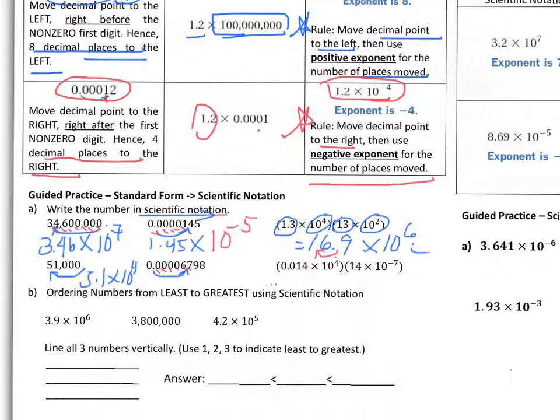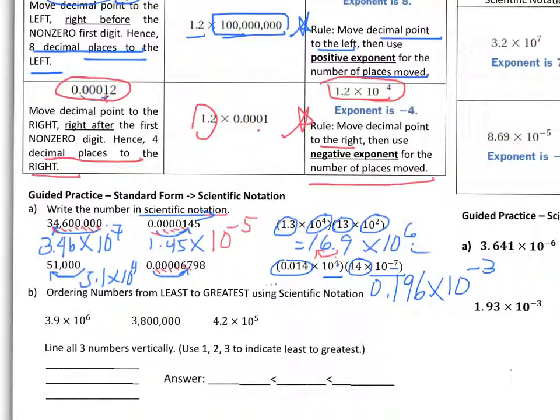Okay, so now we have 0.014 and 14, and that will give us 0.196 times 10 to the 4th power and times 10 to the negative 7th power, which will give us 10 to the negative 3rd power because 4 plus negative 7 is negative 3.